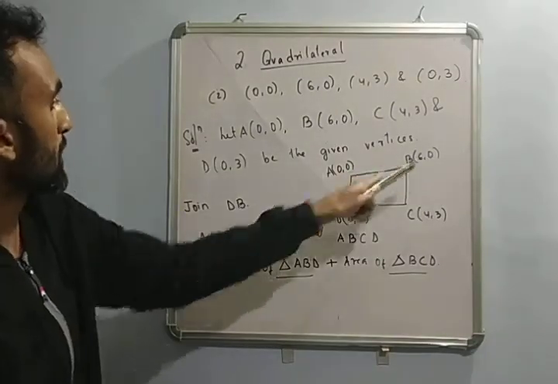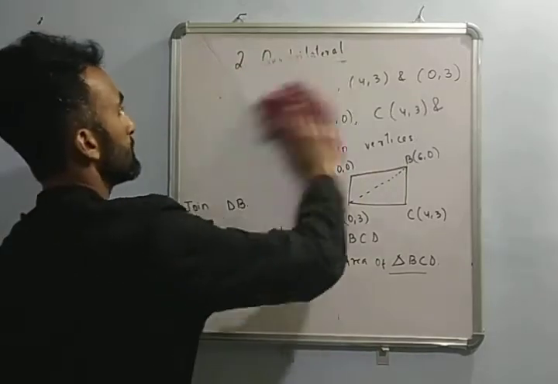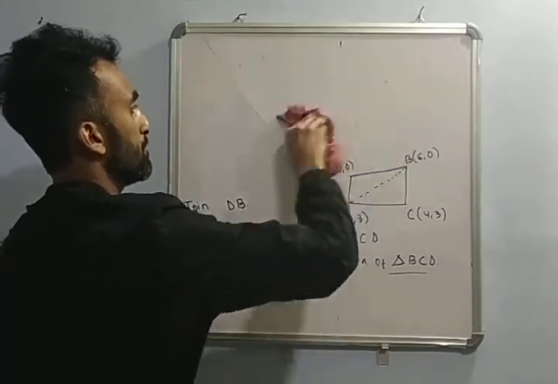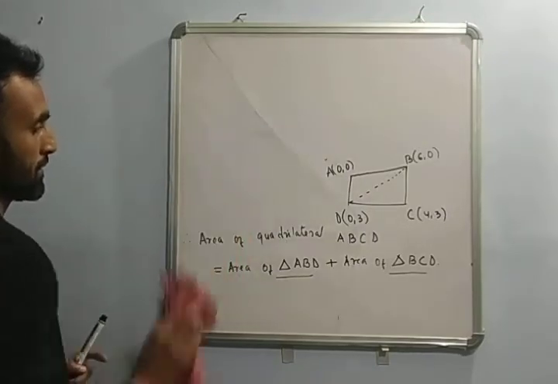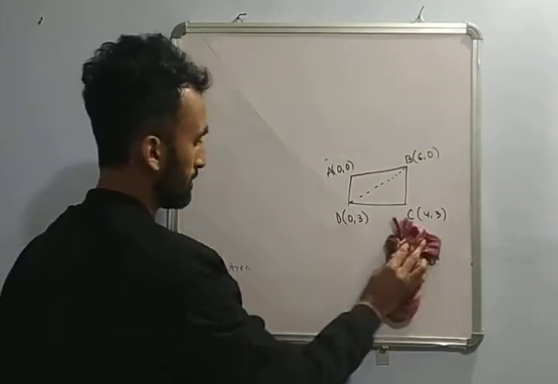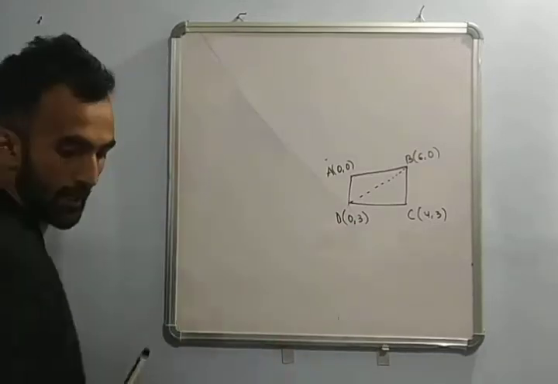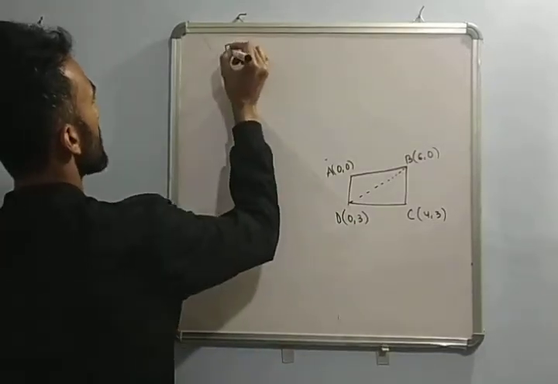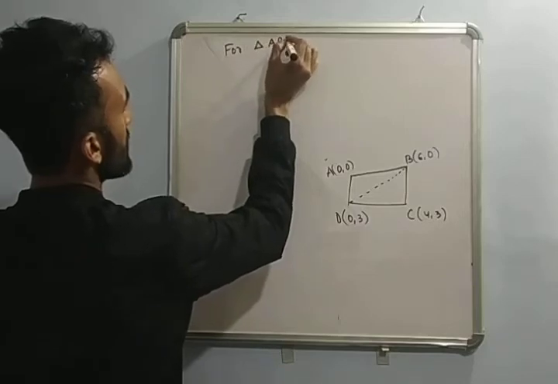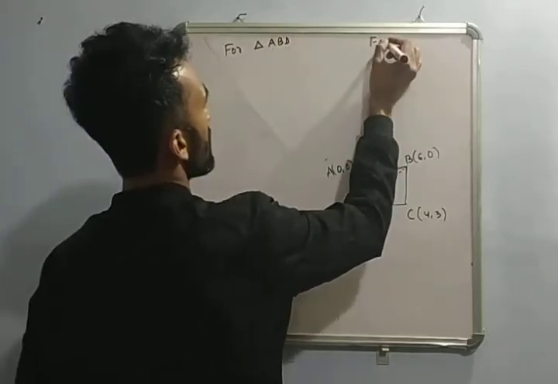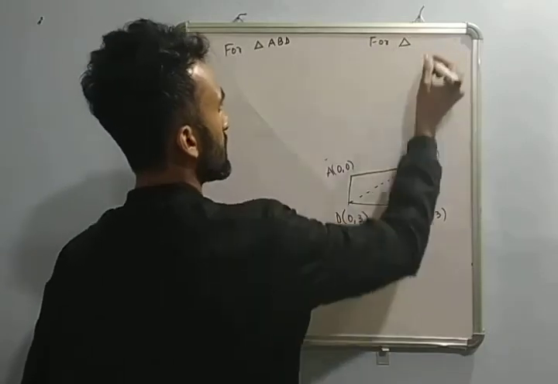I just need only this part. Okay, now you can write like this, for triangle ABD, and here I will write for triangle BCD.